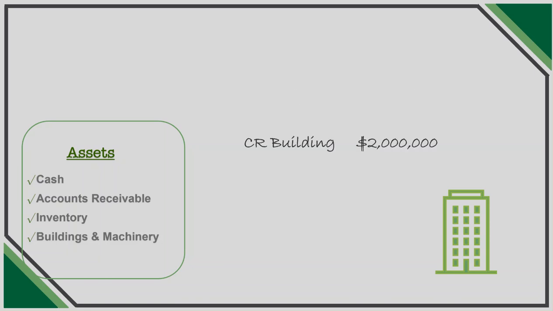In this second example, we can actually look at the entire journal entry and see how it balances, as this transaction includes both a decrease to an asset, building, and an increase to an asset, cash. A complete journal entry would look like this: debit cash of $2 million and credit building of $2 million.